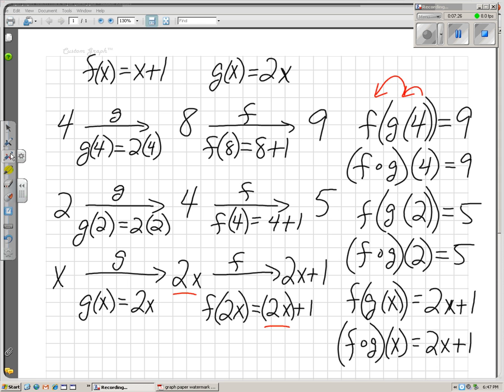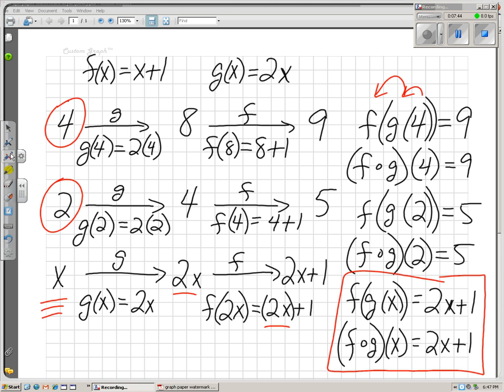Now, something interesting here is we can run those numbers. Remember how we ran the number 4 and 2 through? We put the numbers in first and then ran them through both functions. Well, another way to work this same problem is to do your x first. Run your x through, get a composite function, so get this function right here, and then run your 4 and your 2 through.